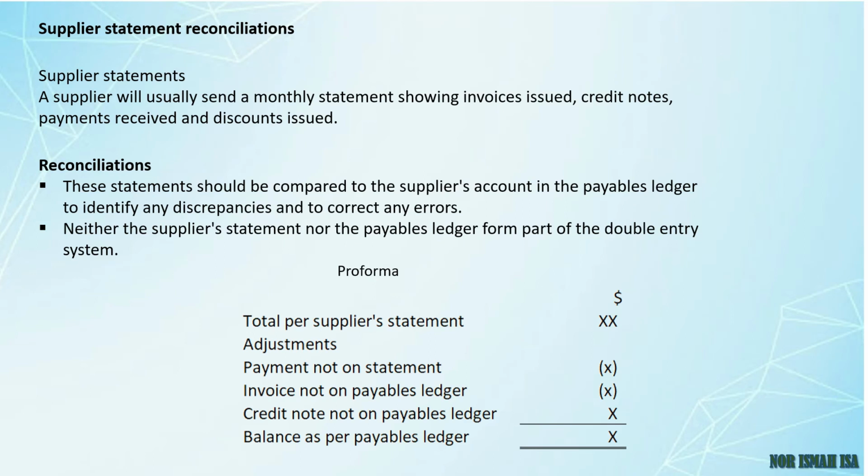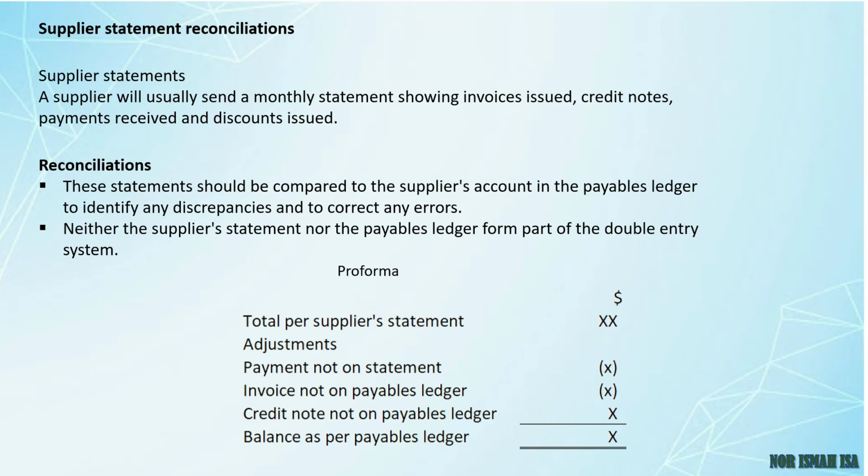We can choose either, depending on the information given by the question. If the question gives you the supplier statement amount, you take the supplier statement amount. If the question gives you the payable ledger account balance, you take that one. And then you adjust according to the information given.